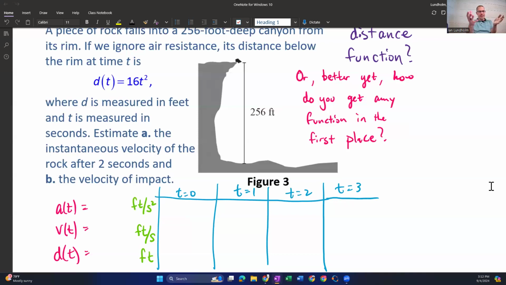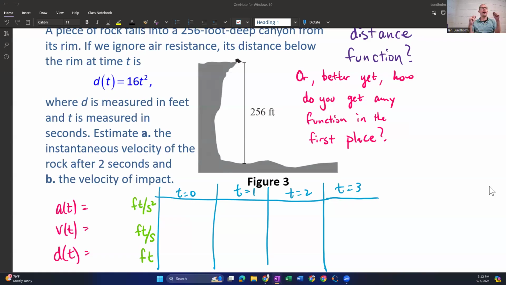I just said that acceleration happens when you have some kind of force acting on the system. And in free fall, the only force that's acting on this rock is the force of gravity. So, one thing that we could do to begin unraveling this mystery of where 16t squared comes from is let's go ahead and think about this.